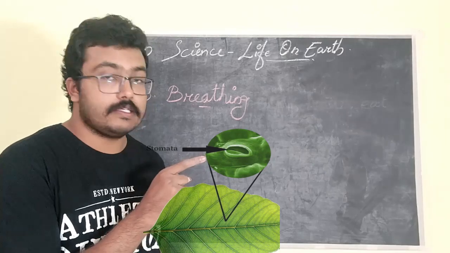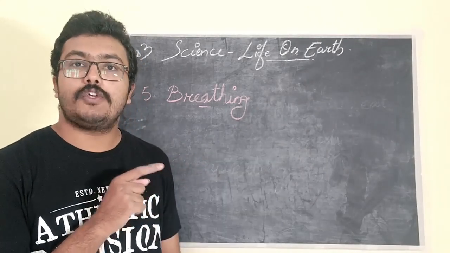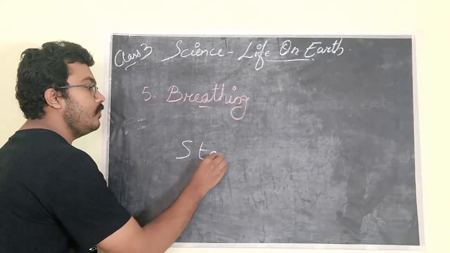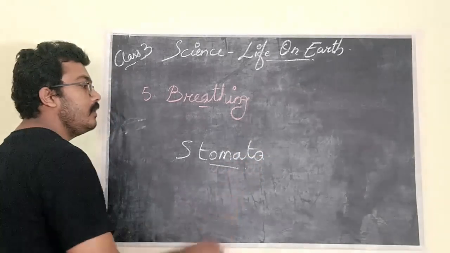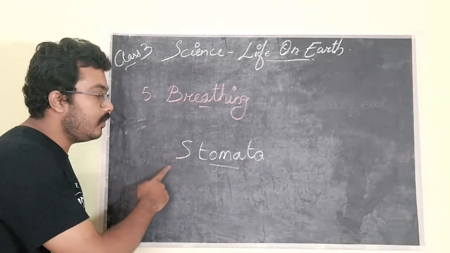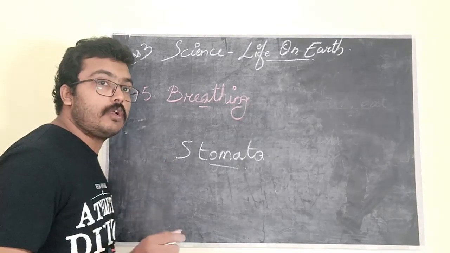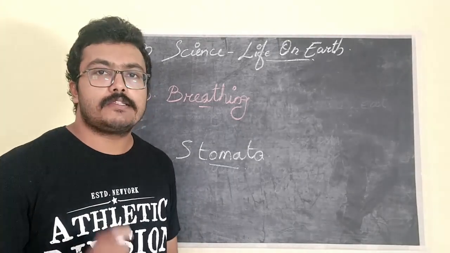It looks just like this, tiny pores. It's called stomata, S-T-O-M-A-T-A, stomata. This tiny hole or tiny pore is called stomata. Stomata helps plants to breathe.